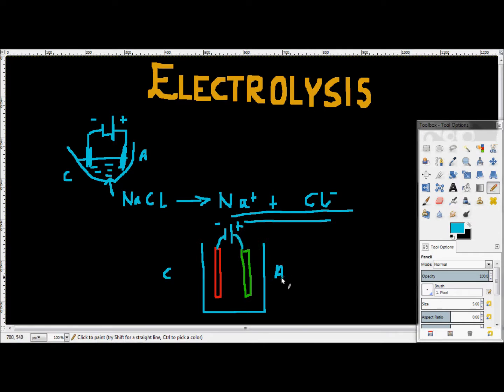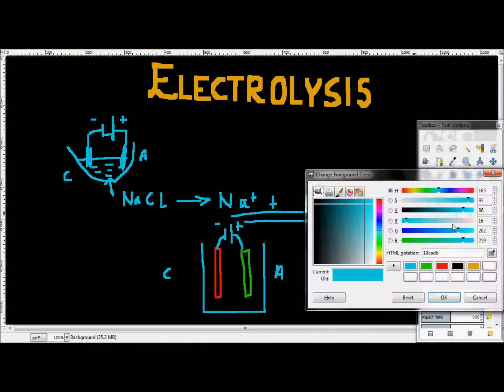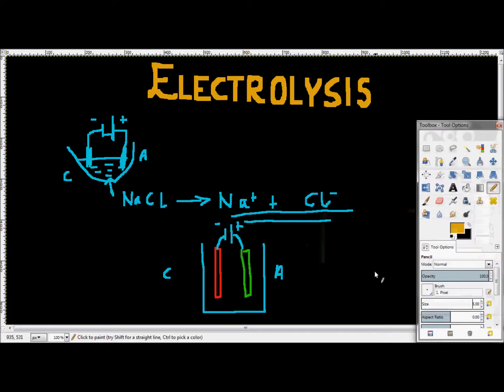Okay, so since anode is connected to the positive terminal, let's take NaCl breaking up, for instance. You have Na as the positive ion and you have Cl as the negative ion. So in order to gain stability, Cl needs to lose an electron.